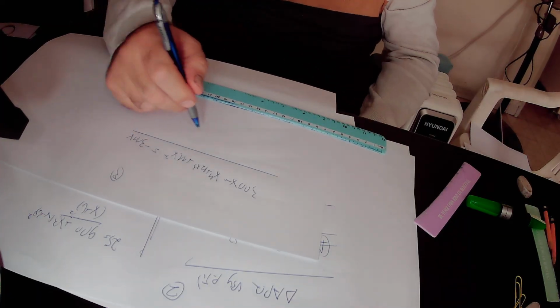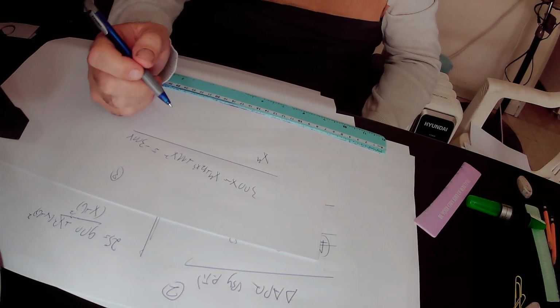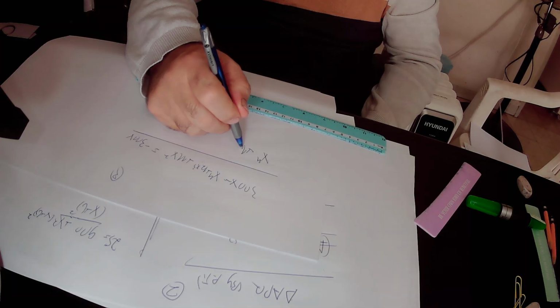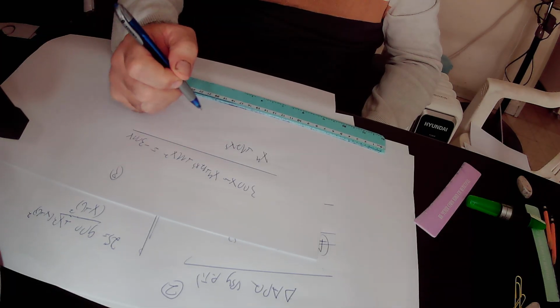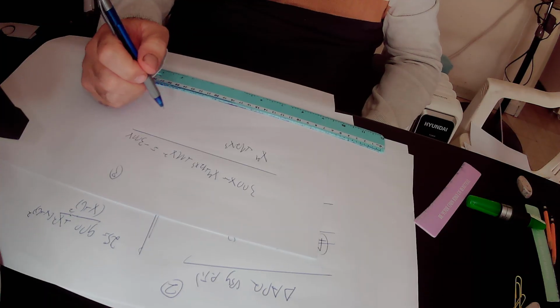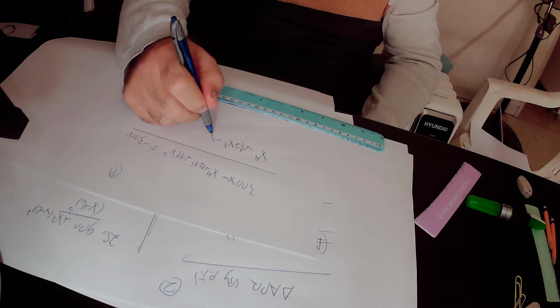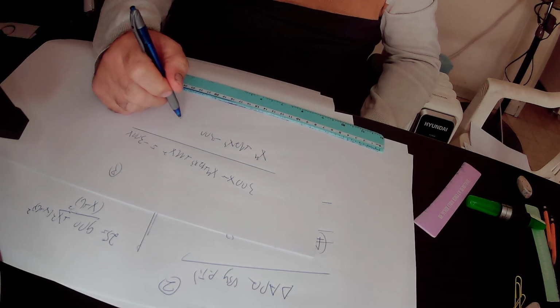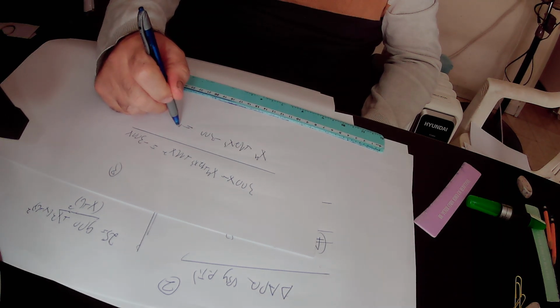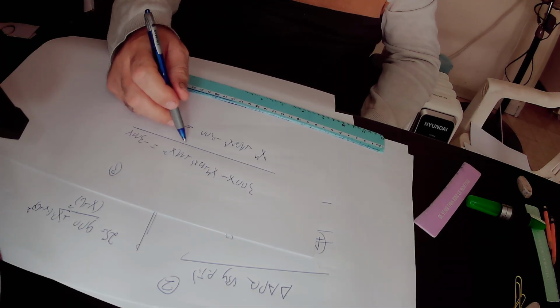And finally get that x to the power of 4 plus 12x cubed minus 300x equals 0, and we also have plus 11x squared.